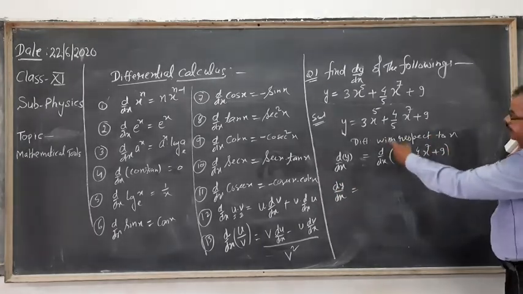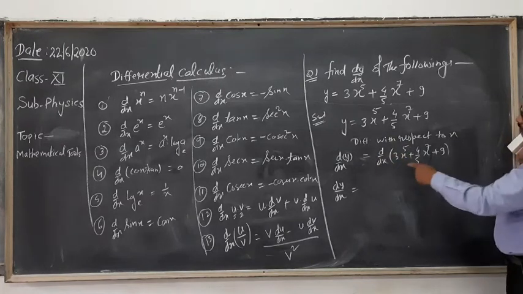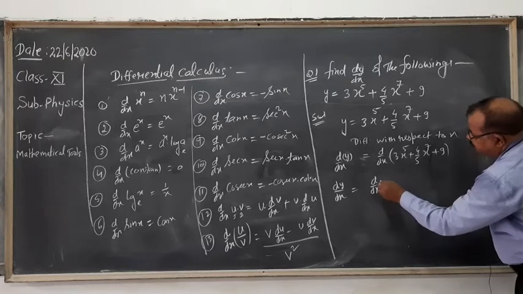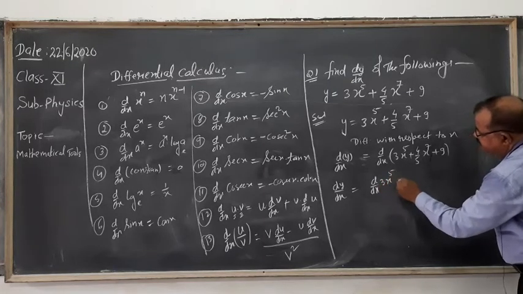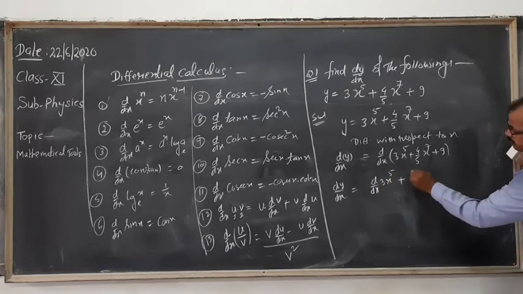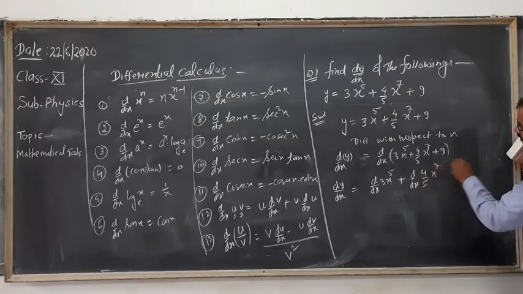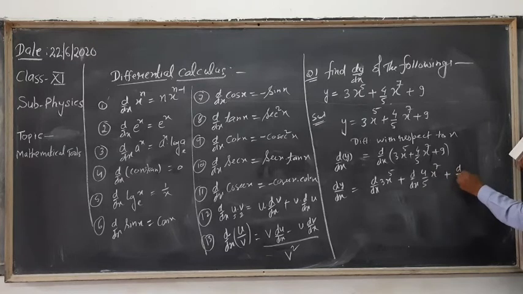Now this d by dx is distributed in all these three terms. So this is d by dx of 3x to the power 5, plus d by dx of 4 upon 5 x to the power 7, plus d by dx of 9.